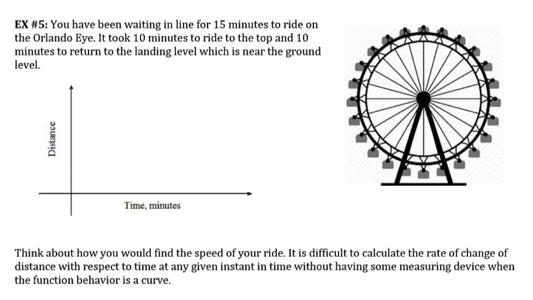Okay, so on example 5, you have been waiting in line for 15 minutes to ride the Orlando Eye. It took 10 minutes to ride to the top and 10 minutes to return to the landing level, which is near ground level. So what they want us to do here is maybe sketch the time frame and the distance that we've moved there.